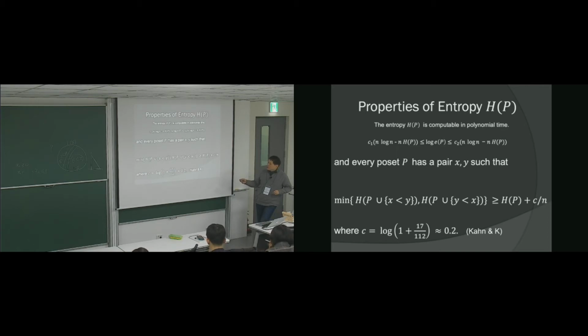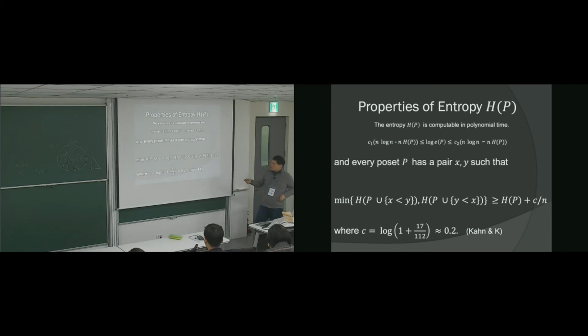We added one more relation, and then we consider the transitive closure. We need transitivity, so we add more relations there. Mathematically it's not very good, but for understanding in the slide, it's a very good definition.